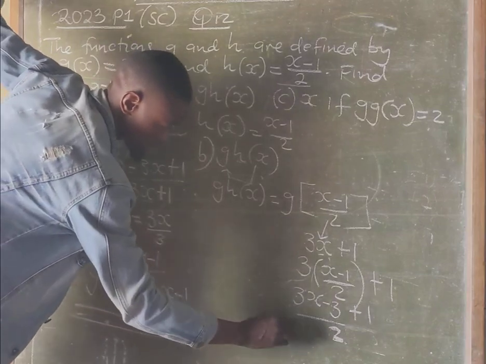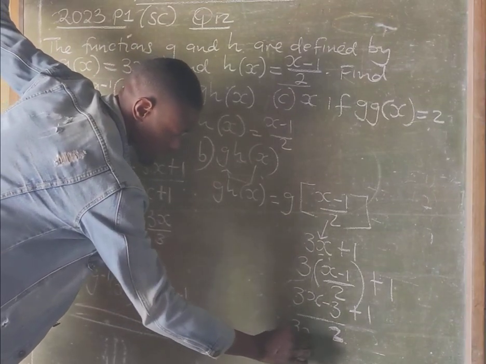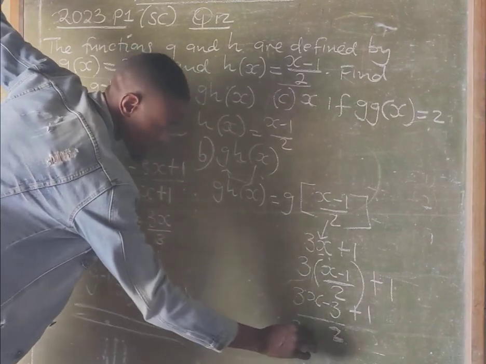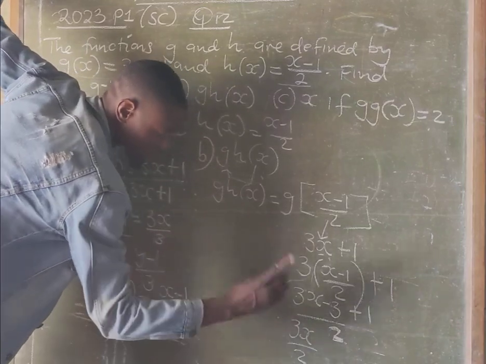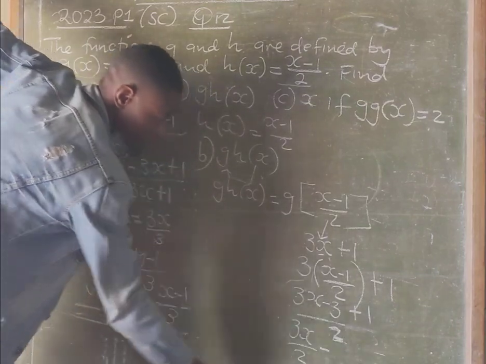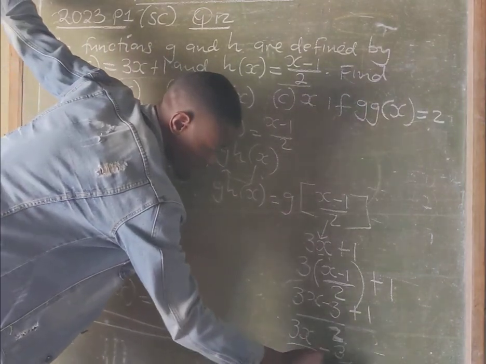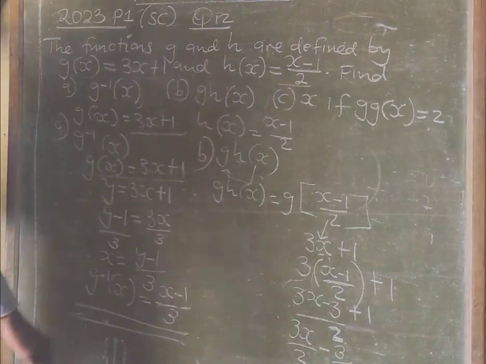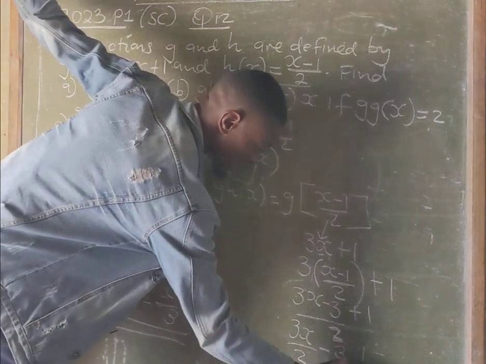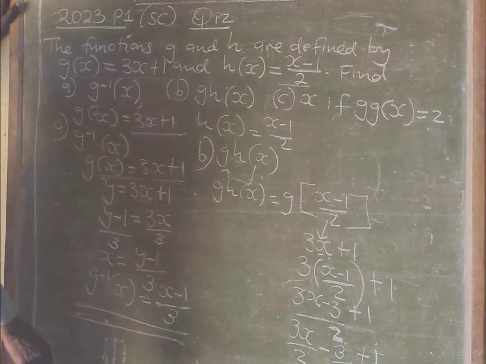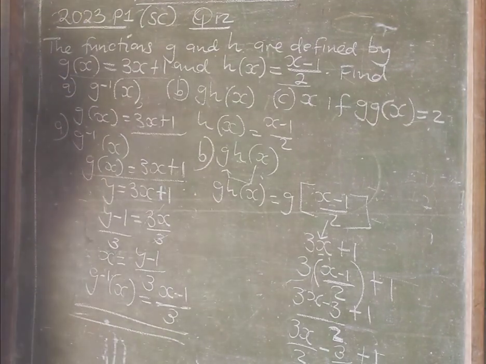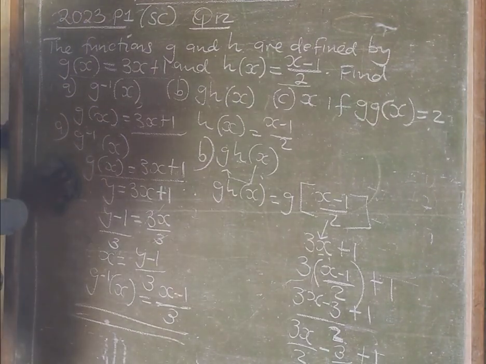So it can also be written as 3x over 2, if we try to distribute it, then minus 3 over 2. And then plus 1. Okay. Plus 1. So we have this part.